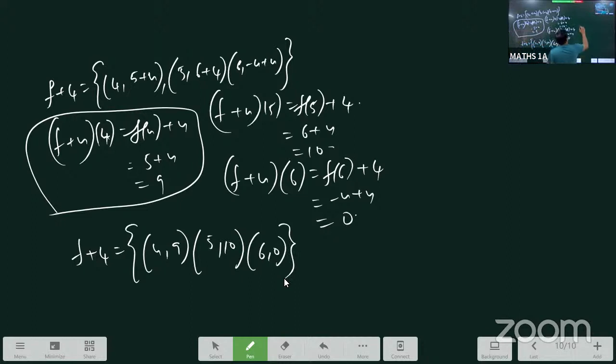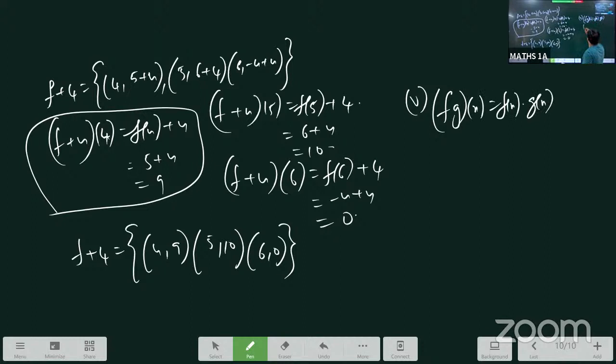Is it clear? Again, fifth bit, what I'm having here? Fg. Fg means it is like fg of x, that is f of x into g of x. So fg, again I'm having two functions. Whenever I'm having two functions, I should consider the domain of two functions, the common domain. So 4 and 6.